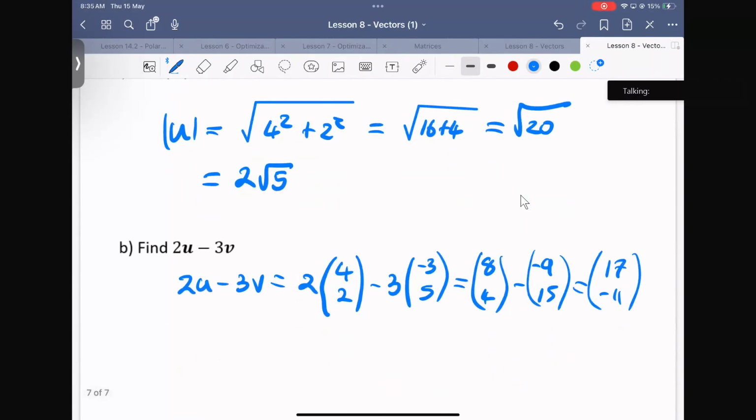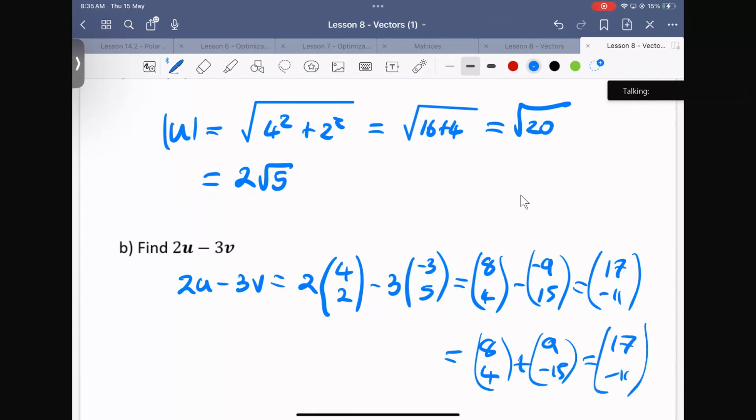You'd get (8, 4), and then this would change to a plus, and you'd get (9, minus 15), and it would still come to here. It doesn't matter whether you see the scalar as being minus 3 and that you're adding, or whether you see the scalar as being 3 and you're subtracting. The result would be the same.